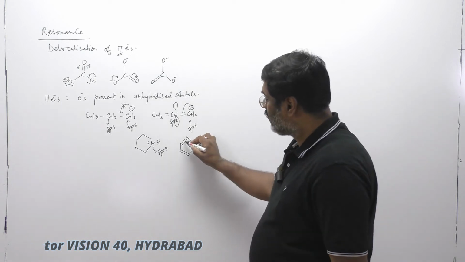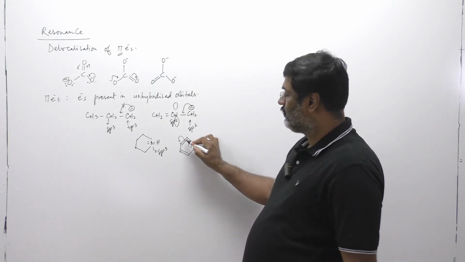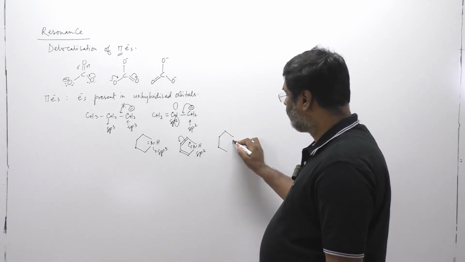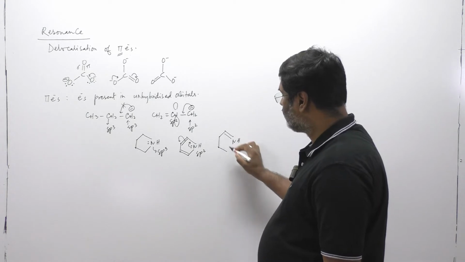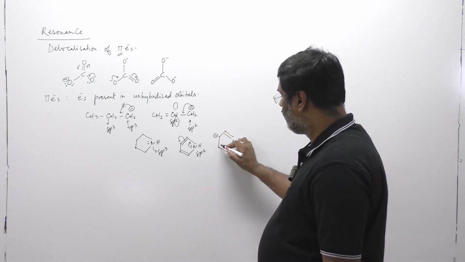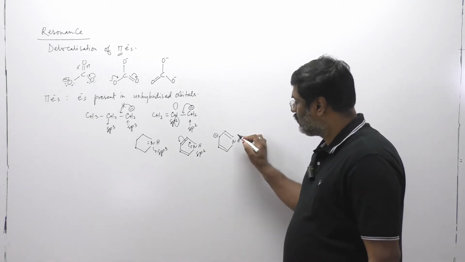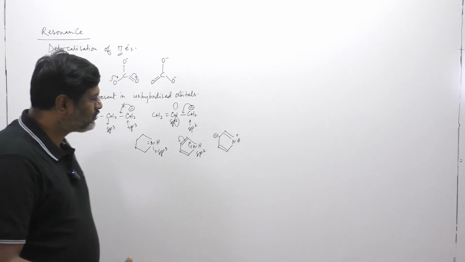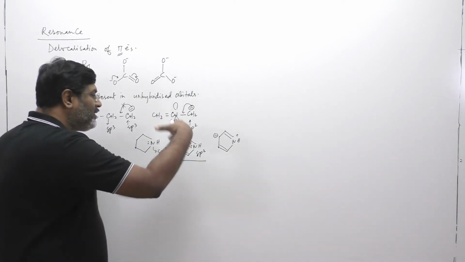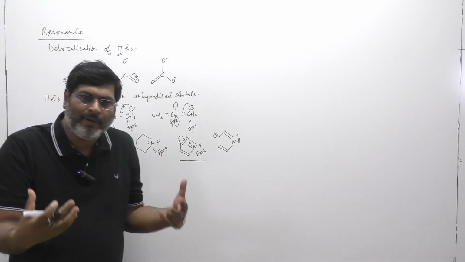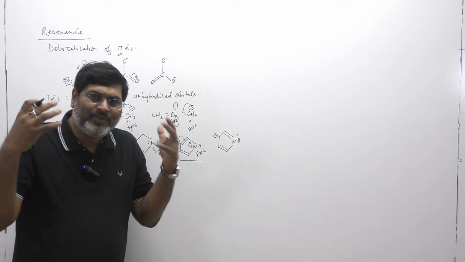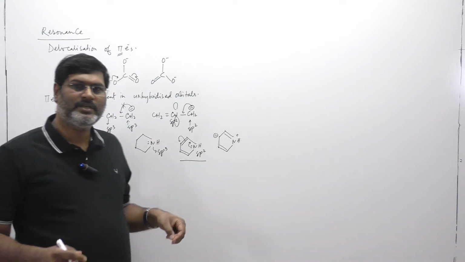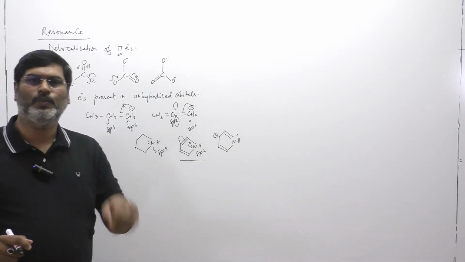Because this bond will break down and we can have this kind of structure where we will write like this and there the negative charge and this will be like this. So there is a possibility of this kind. It is happening. And that's why, assuming this kind of phenomenon, this kind of possibility, we say its hybridization is perfectly sp2.